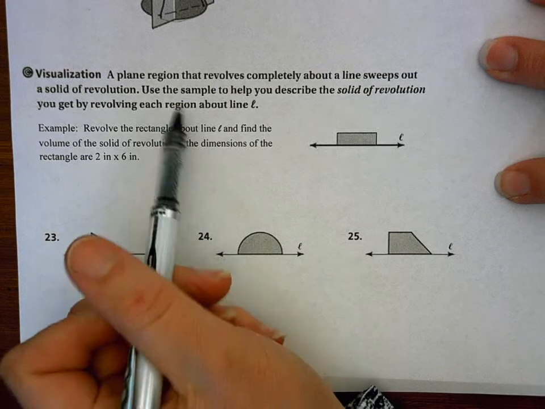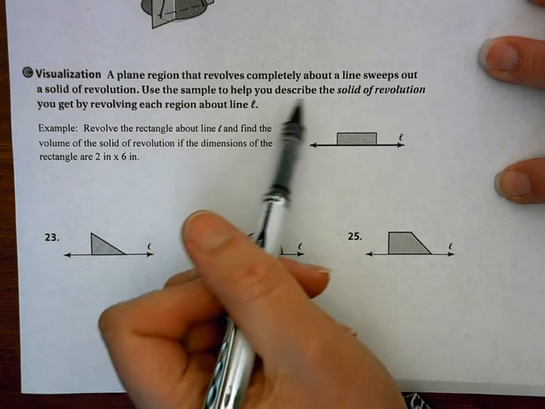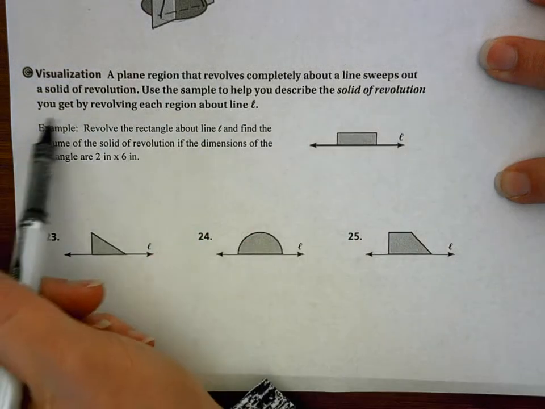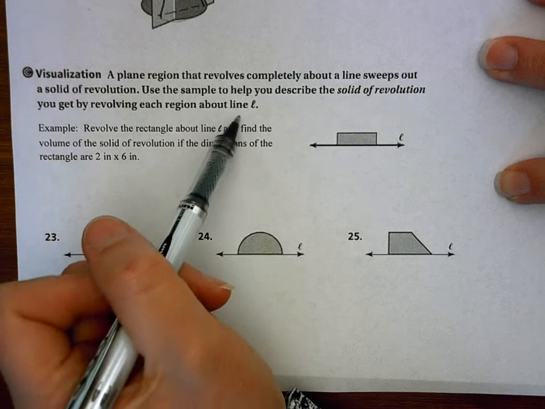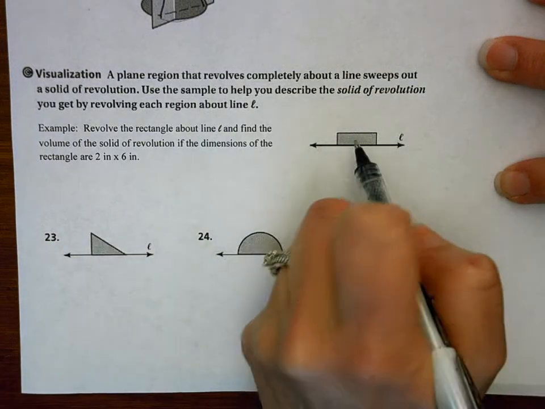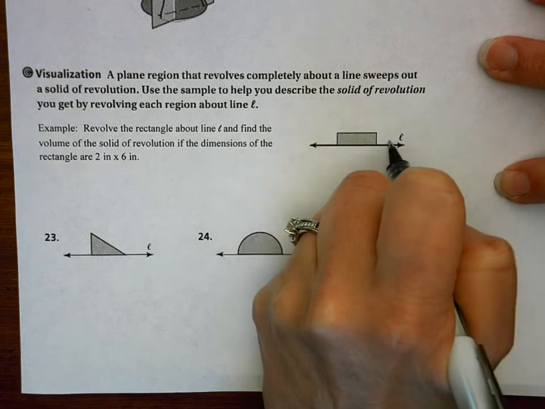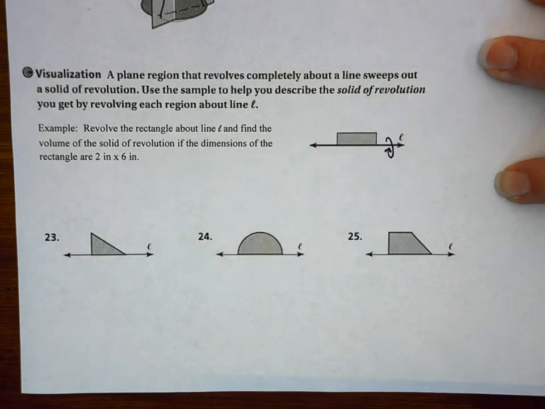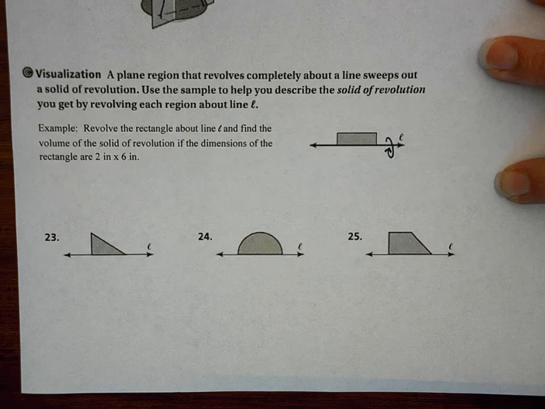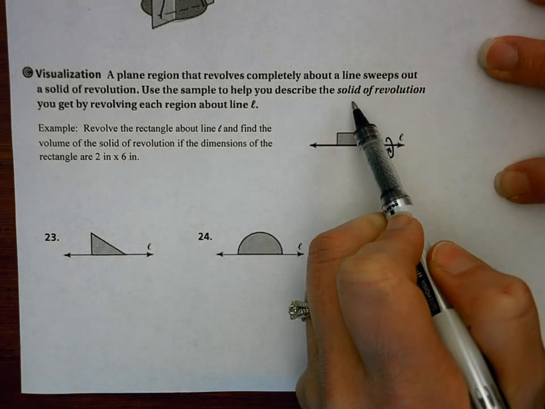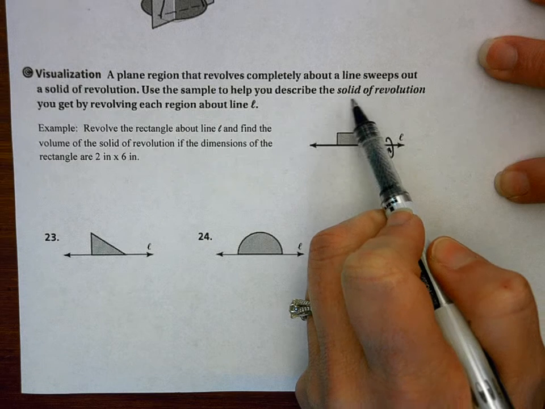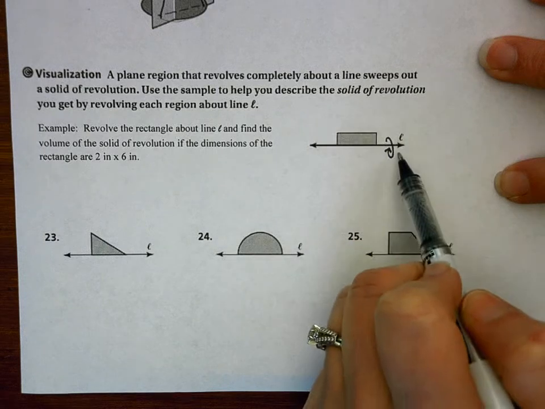Use the example below to help you describe the solid of revolution you get by revolving each region about line L. If we start with a plane region, meaning a two-dimensional figure, and we spin it about this line, that's going to create a solid of revolution, a three-dimensional figure formed by revolving about the line L.